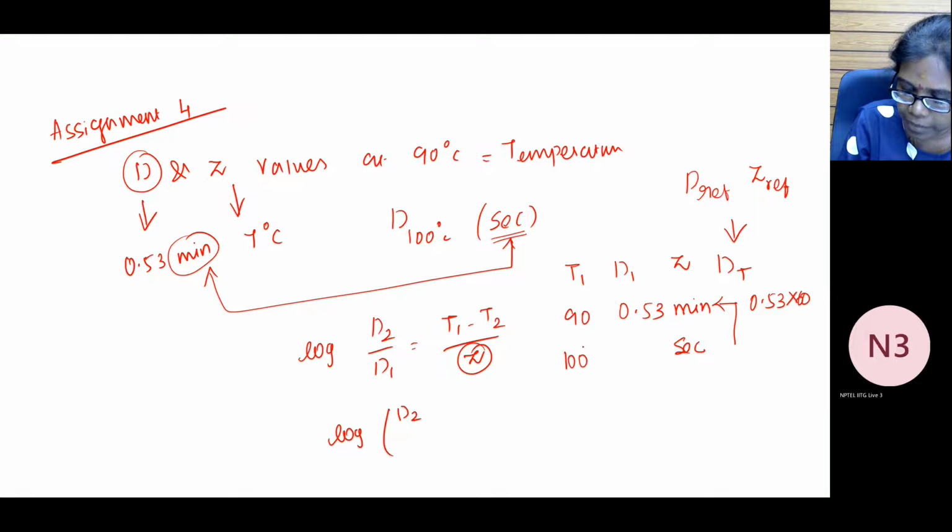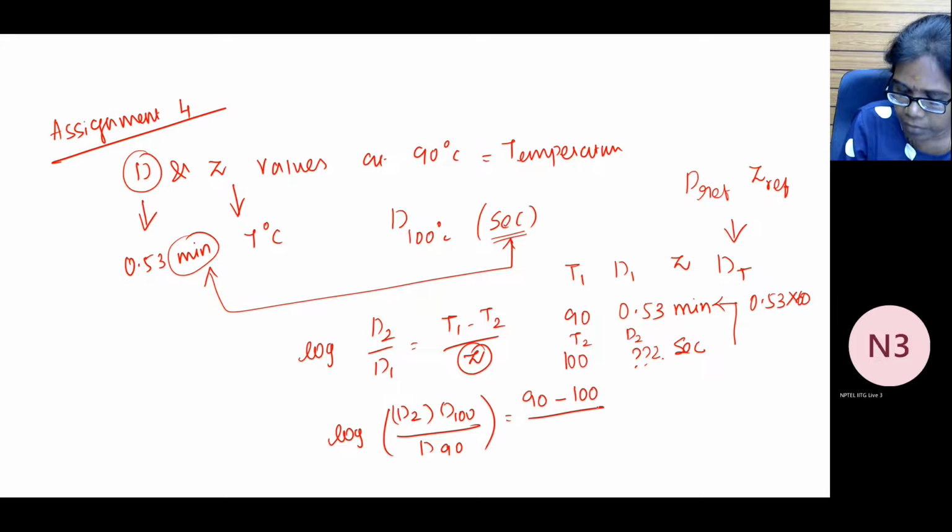So D at 100 upon D at 90 is equivalent to log of D1 is 90, D2 is 100, divided by Z, which is given as 7.